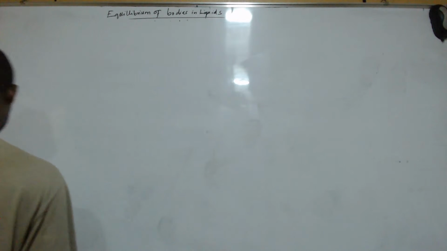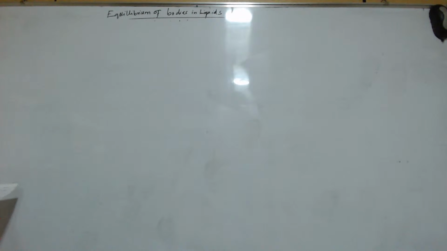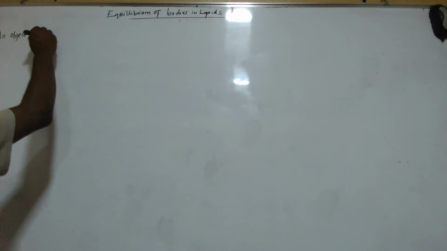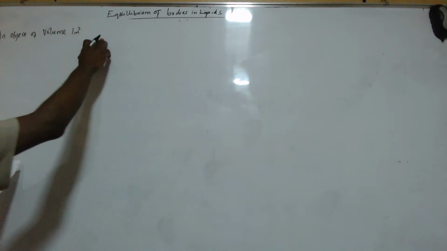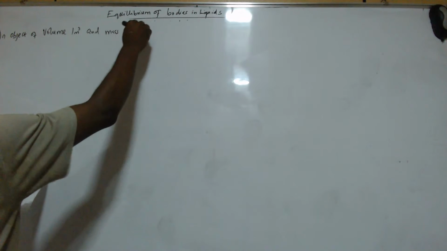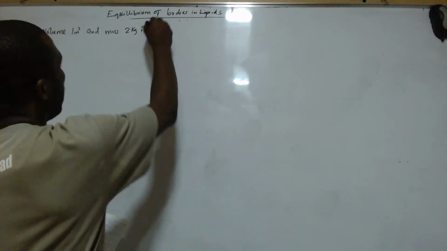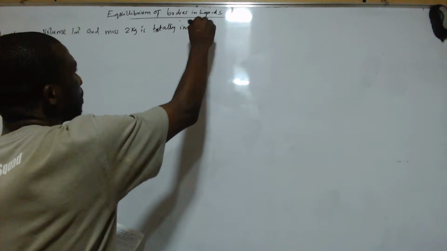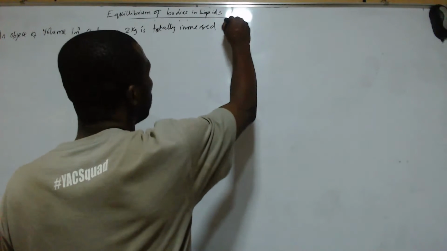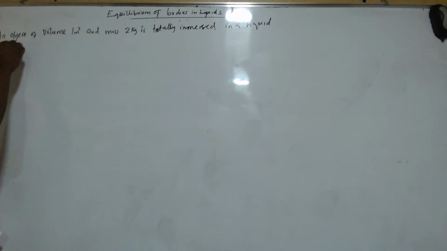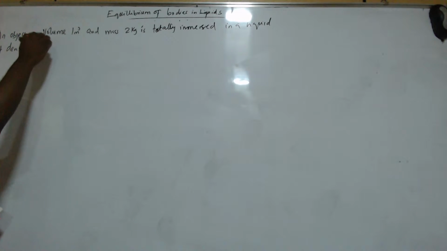The next question says, an object of volume 1 meter cube and mass 2 kg is totally immersed in a liquid of density 1 kg per meter cube.